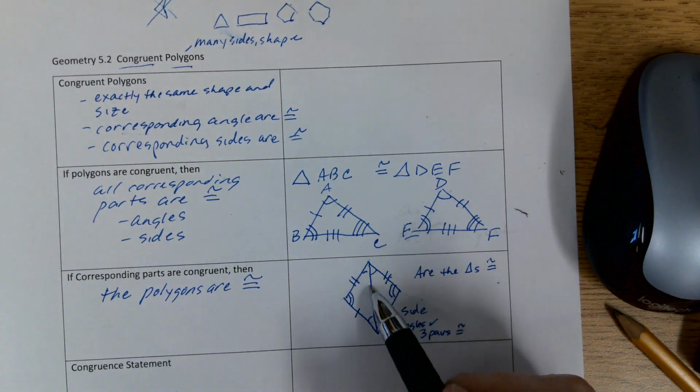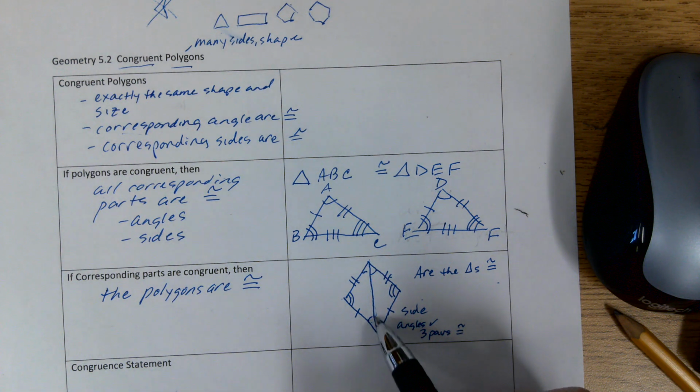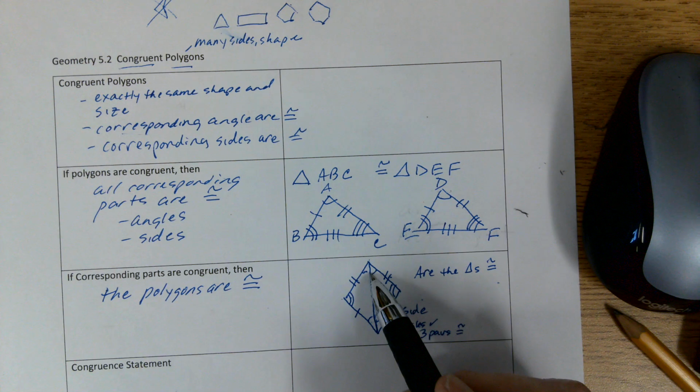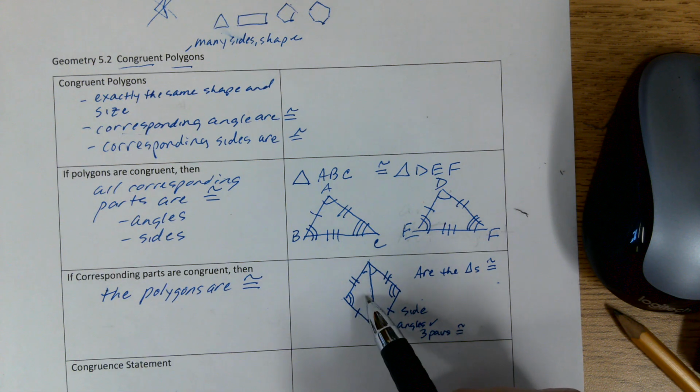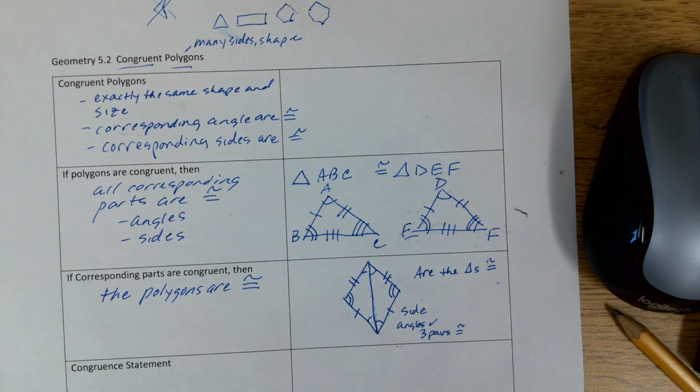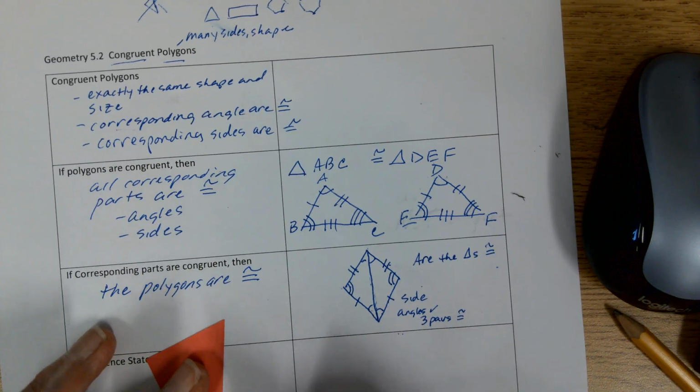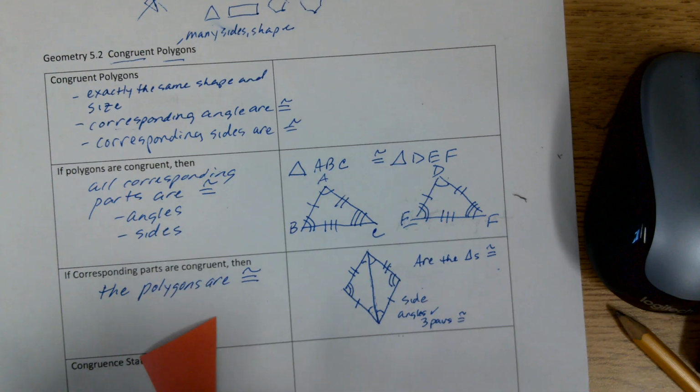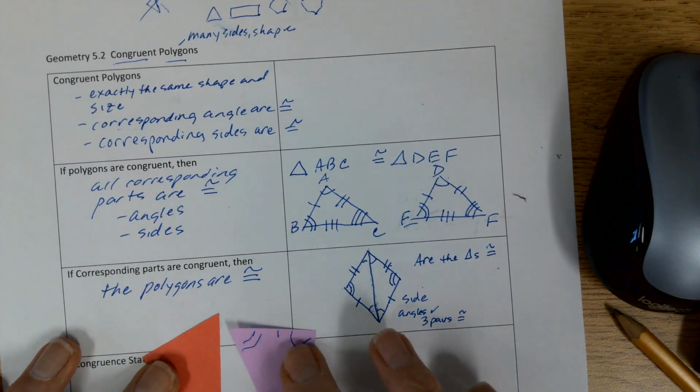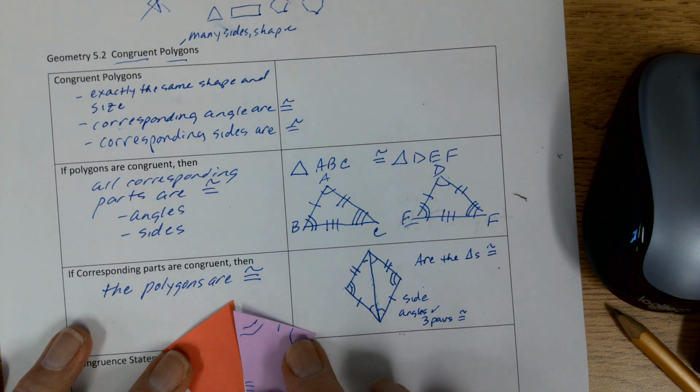Do you see how these triangles share this side? So that means this side is the same length for this left triangle, and it's the same length for the right side triangle. Let's demonstrate what I mean by that. If I have this, you're going to have to ignore the marks on it, okay?